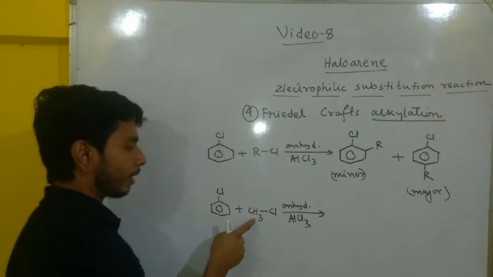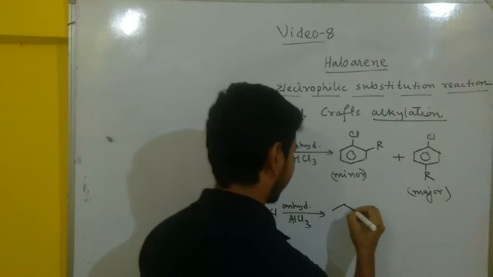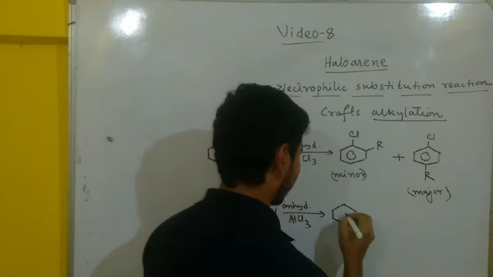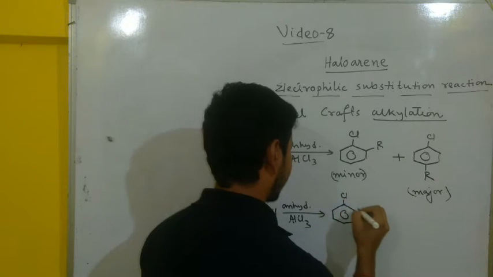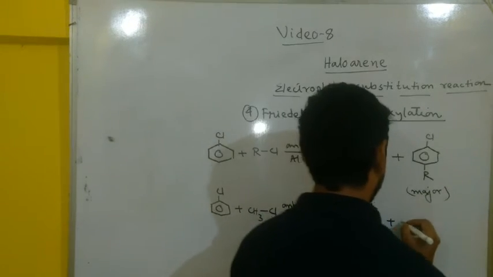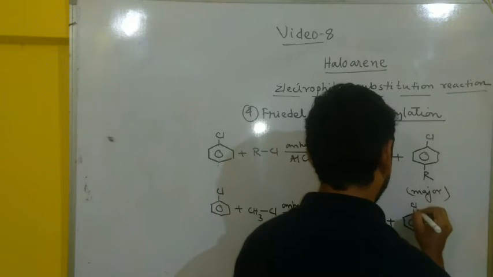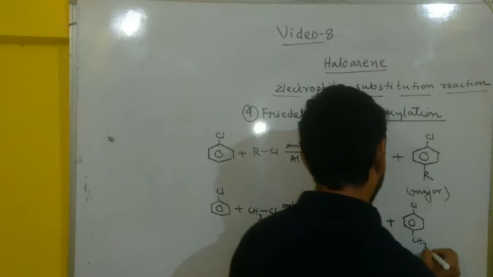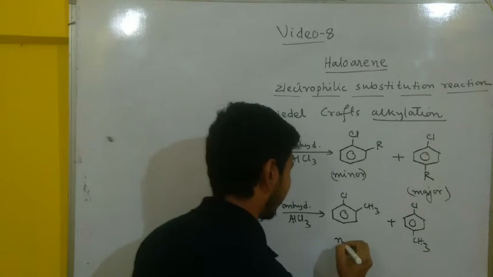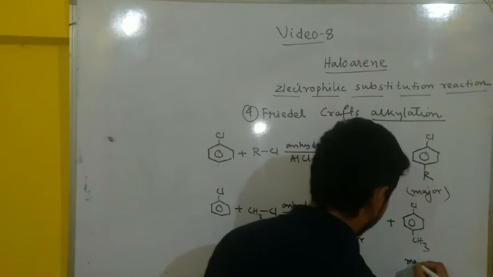Alkyl group is methyl, so now methyl will be in the ortho and para position. So Cl in the ortho position methyl plus Cl para position methyl. This is minor and it is major.